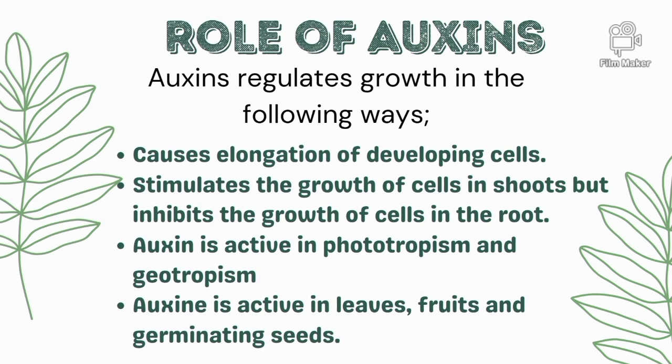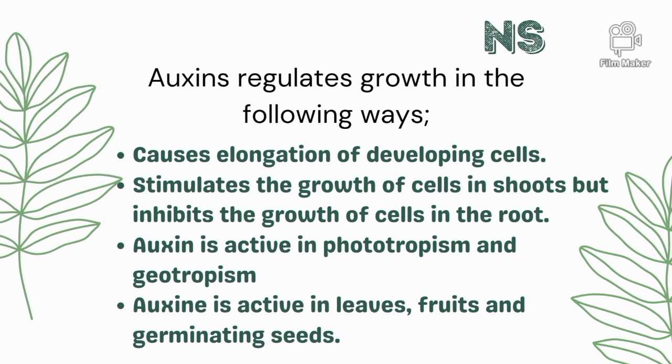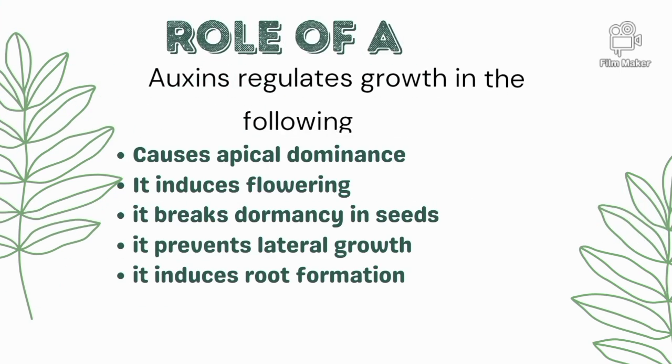Auxins promote growth through the following: by causing elongation of developing cells, stimulating the growth of cells in the shoot but inhibiting the growth of cells in the root. Auxin is also active in phototropism and geotropism. Auxin is active in leaves, fruits, and germinating seeds.